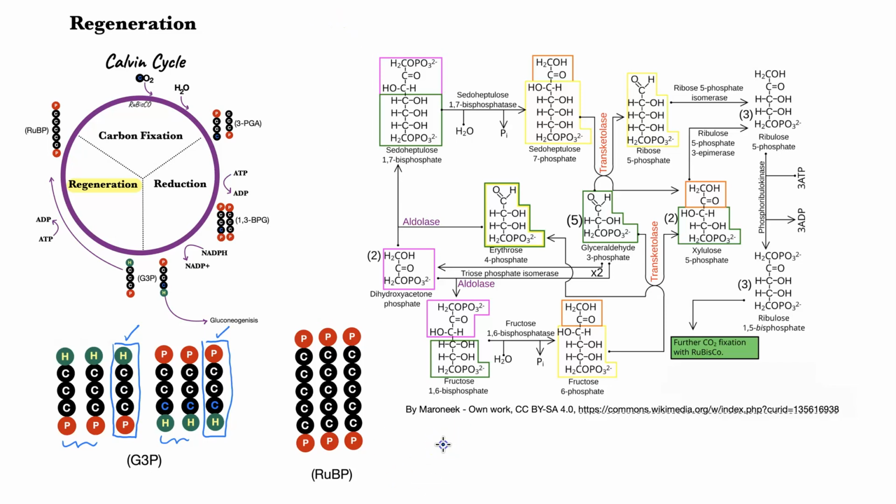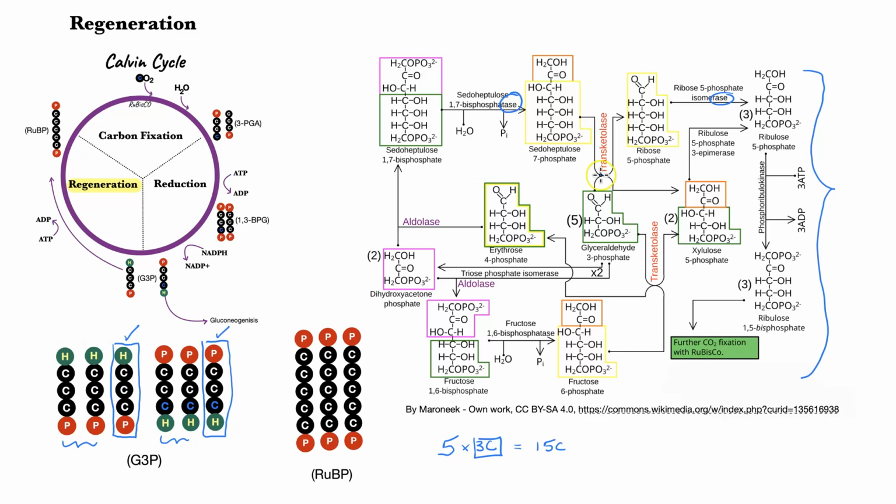So we have 5 3-carbon molecules, and 5 times 3 gives you 15 carbons. Through a crazy amount of reactions and a bunch of enzymes, in this very metabolic process, we have the regeneration.